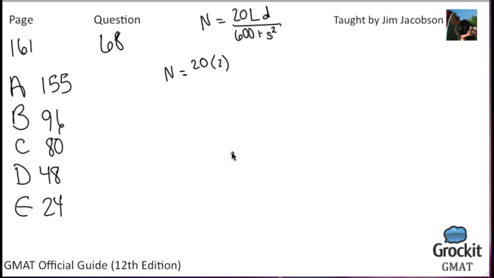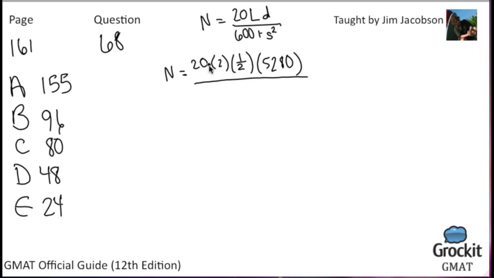The D is the length of the portion of the highway in feet. So it is 5,280, or actually half of 5,280. So let's just leave that fraction in there because these numbers are going to get big if we don't.